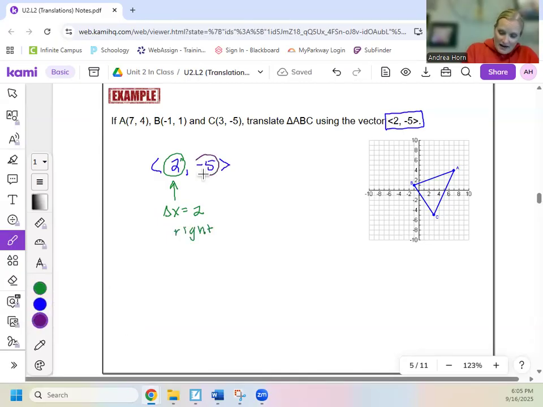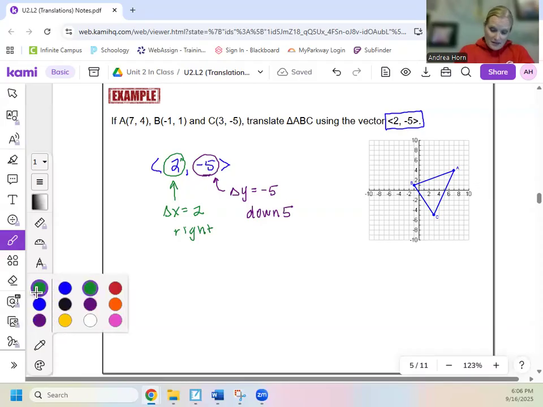Then I have negative 5 in my Y spot, so this is talking about my change in Y. My change in Y is going to be negative 5, which means it's going to go down 5. Remember, right is positive, left is negative, up is positive, negative is down.